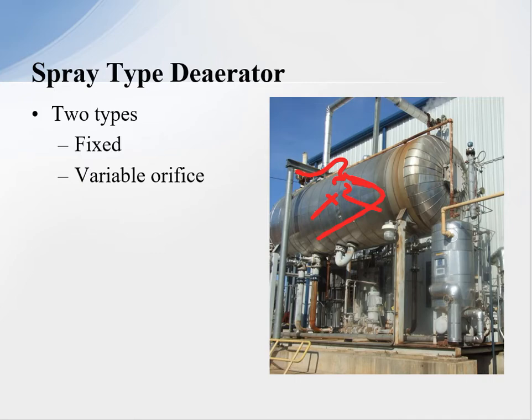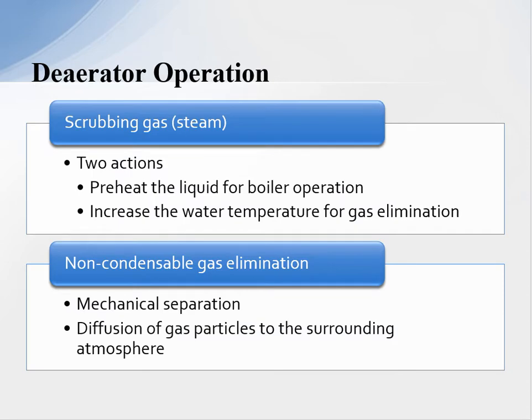Again, both types get the dissolved oxygen down to 7 parts per billion. Scrubbing gas steam has 2 actions: it preheats the liquid for the boiler operation and increases the water temperature for gas elimination. Non-condensable gas elimination is mechanical separation and diffusion of gas particles into the surrounding atmosphere.